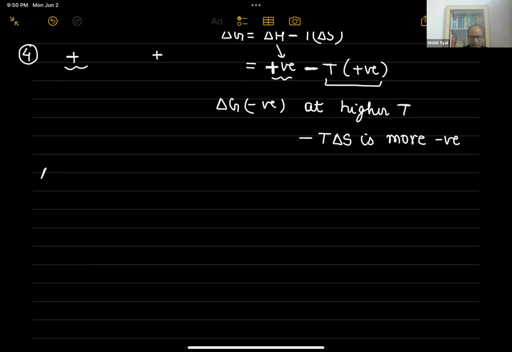So delta G is the free energy change, the Gibbs free energy change for a process or a reaction.